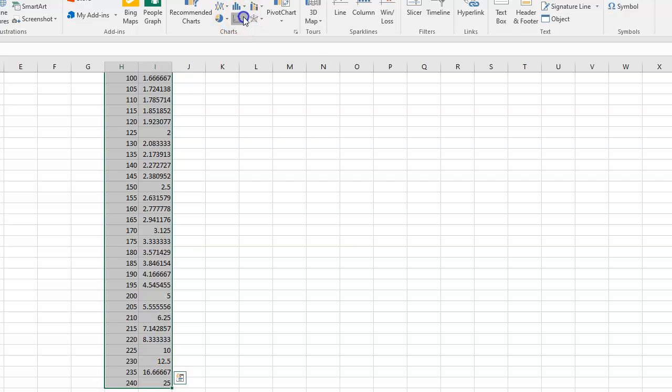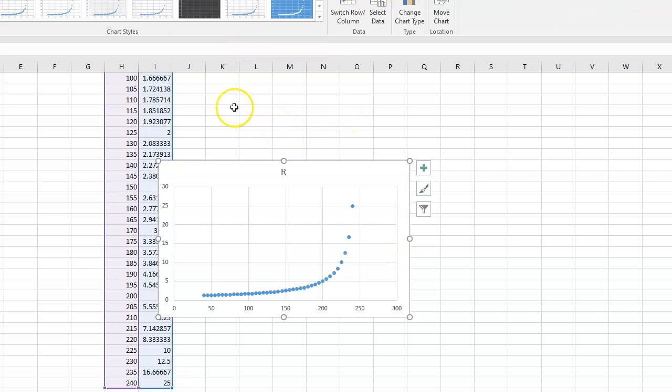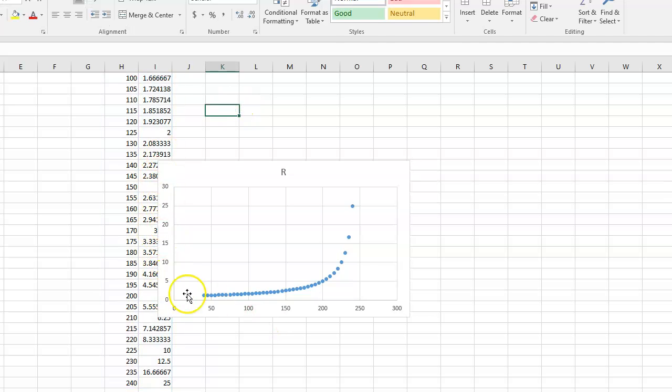Insert, scatter plot. All right, so here's R, here's P. You can see that despite the fact 250 is an infinity, well before that you're in trouble, right?